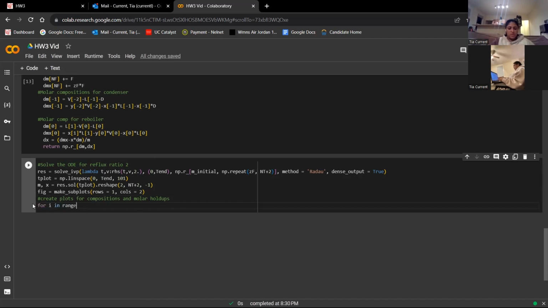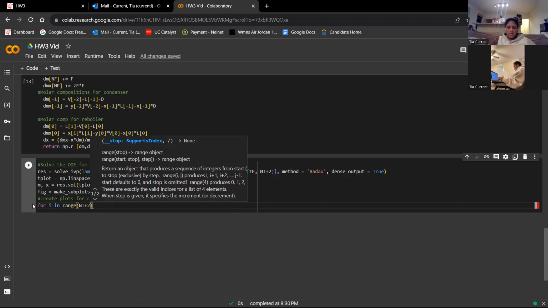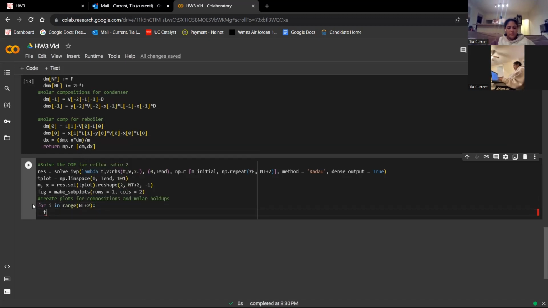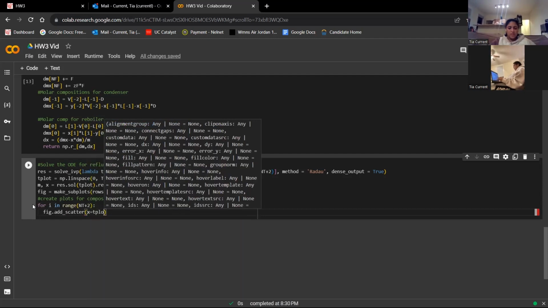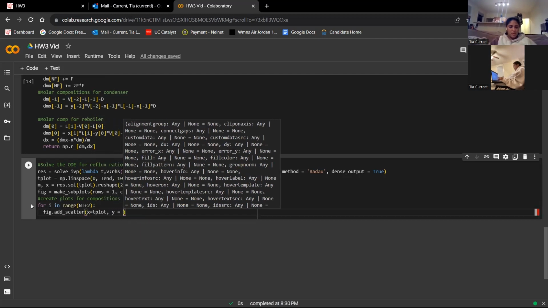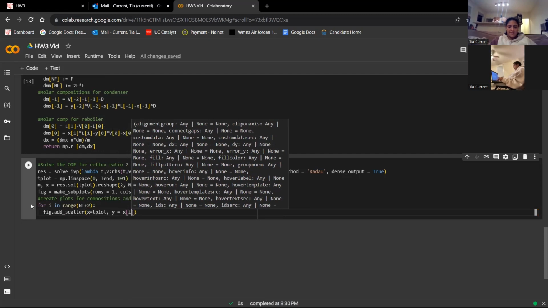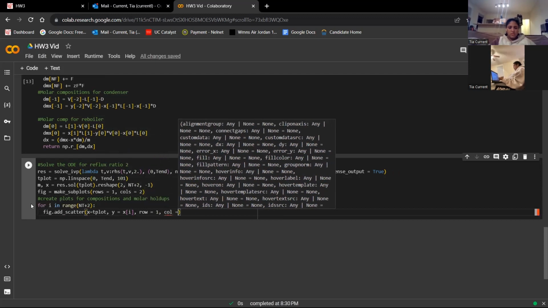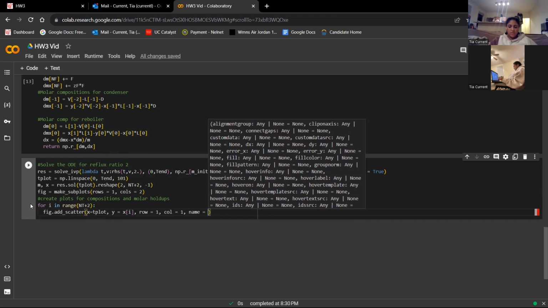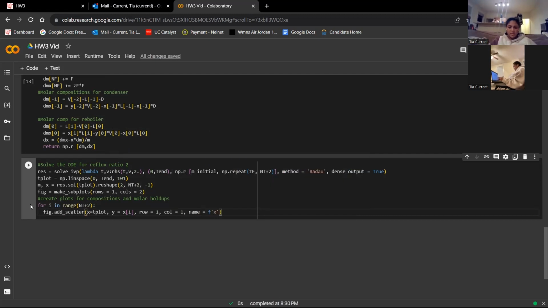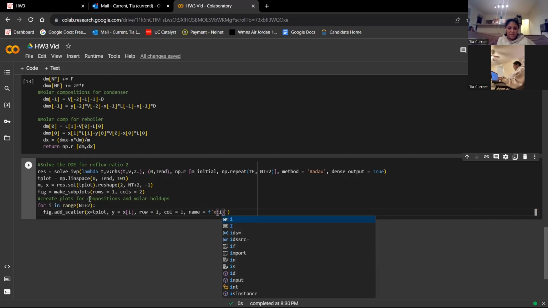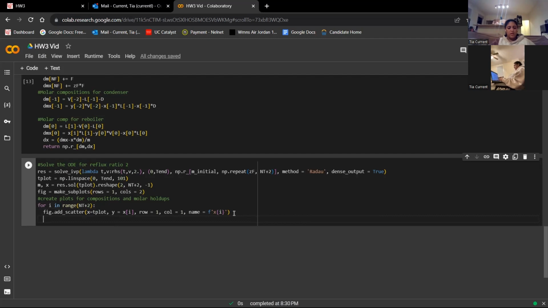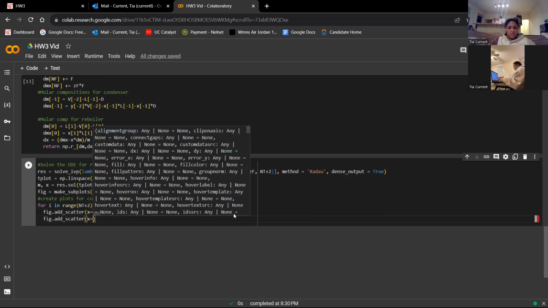For I in range n t plus 2, colon, enter, fig dot scatter, then x equals t plot, and y is equal to x I, and then row equals 1, col equals 1, name equals f apostrophe x, curly I apostrophe, and then done, and then fig dot add underscore scatter plot.